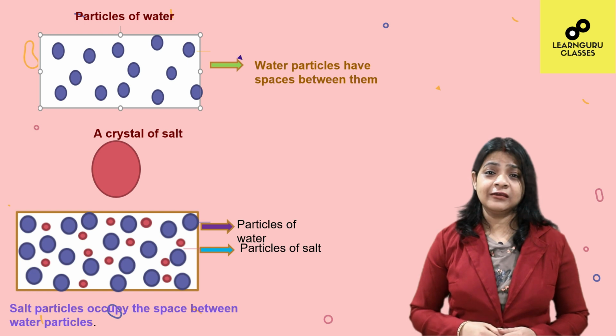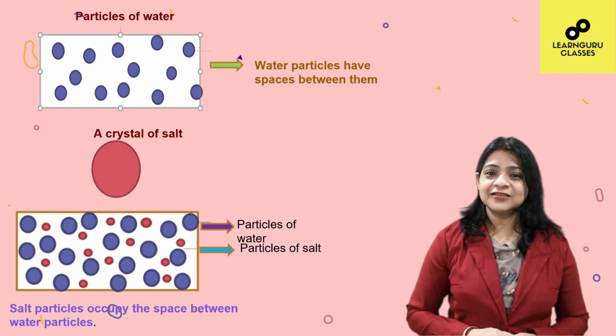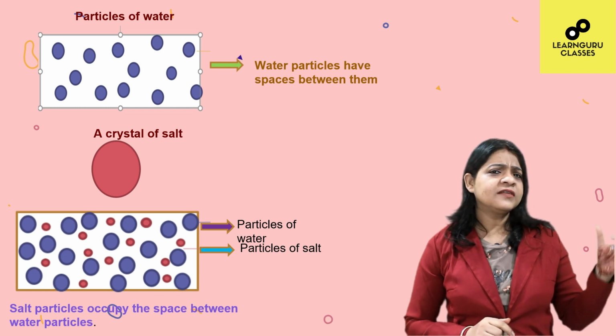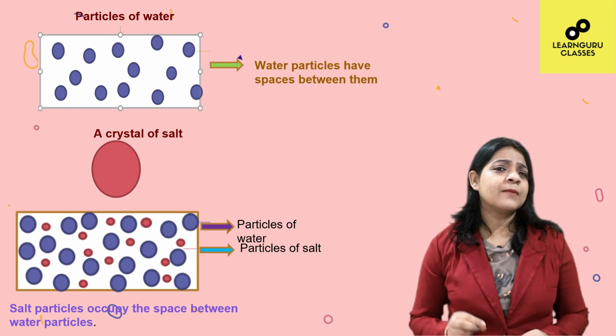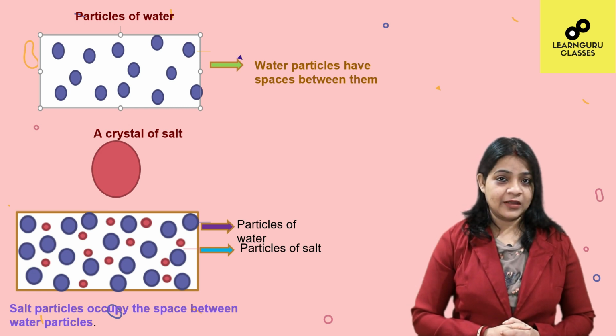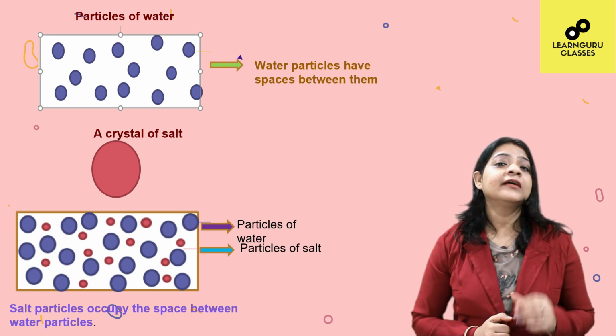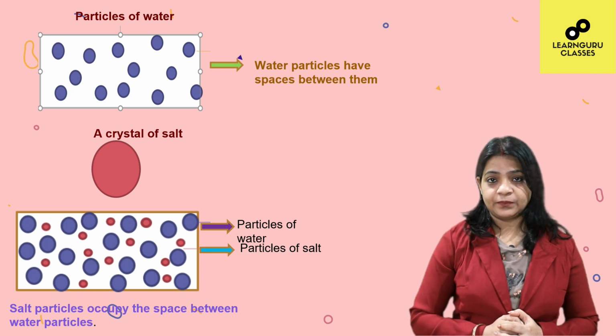So if we see here, the blue balls represent the particles of water. The blue balls, that is the particles of water, have spaces between them. The red ball represents a single crystal of salt.